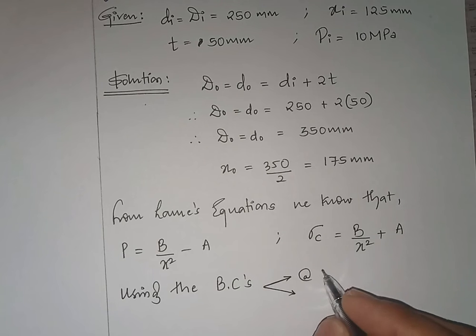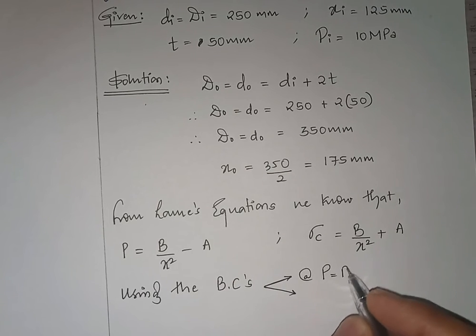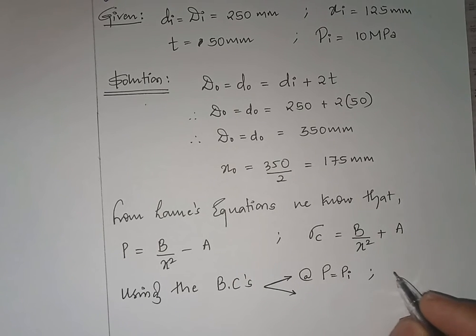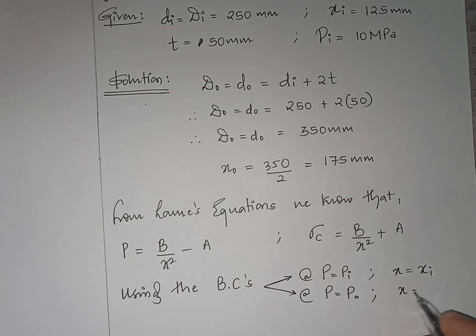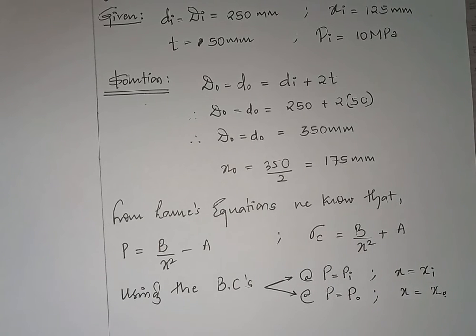At P is equal to Pi, X will be equal to Xi. At P is equal to P naught, X will be equal to X naught. So these are the two boundary conditions.